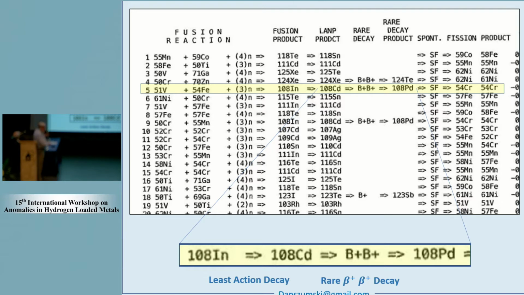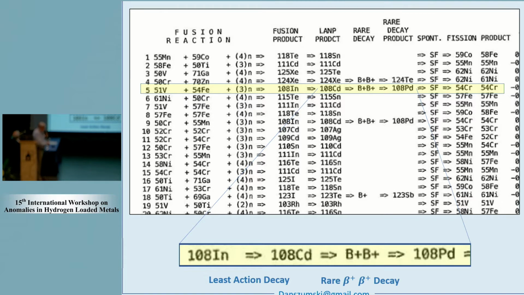Of the possible final stable products, the one that is selected is cadmium 108. And cadmium 108 is listed in the isotope tables as theoretically possible of beta plus decay to palladium 108.